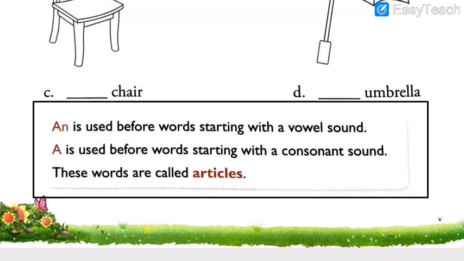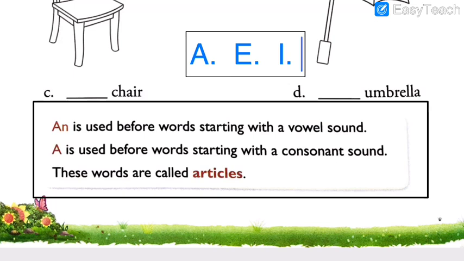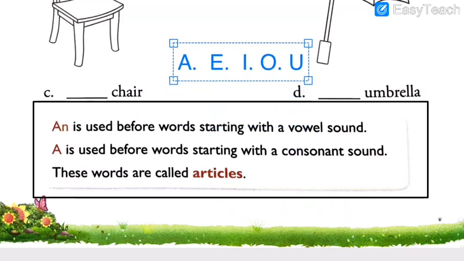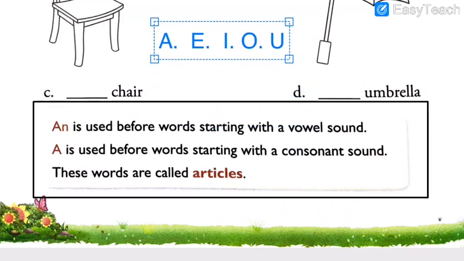Let me just write it down here. A, E, I, O, U. So these are the vowels. If you want, you can also write it down, students. A, E, I, O, U. These are the vowels. So you have to use an with vowel words.